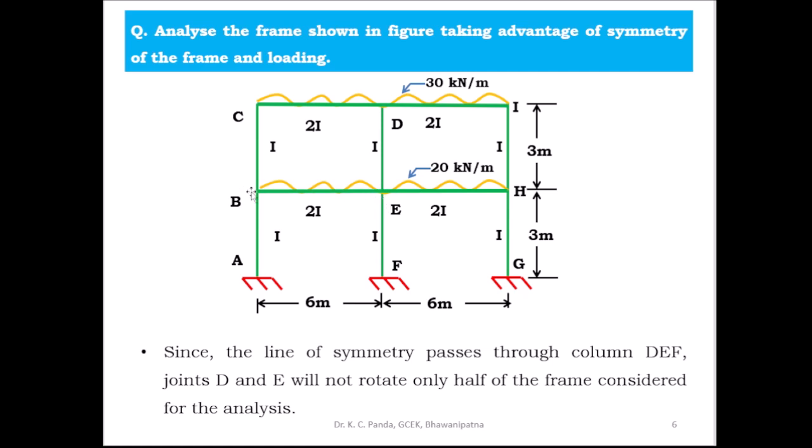Similarly for the span B, here the load is given 20 kilonewton per meter, the free bending moment diagram is 20 into 6 square by 8, and for this span EH, here also 20 into 6 square by 8. The free bending moment diagram is parabolic.